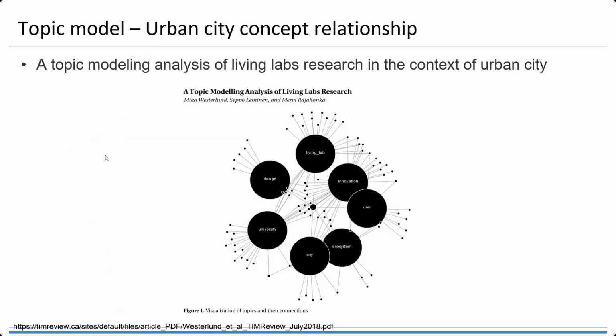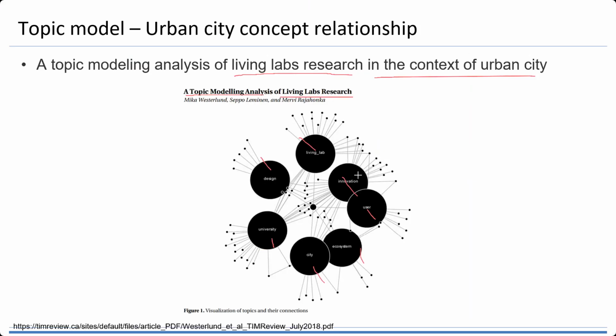The other kind of topic modeling is another kind of research. It is a topic modeling analysis of living lab research. They want to look at living lab research in the context of urban cities. So they collected all the documents related to urban cities, and then they made the topics 1, 2, 3, 4, 5, 6, 7.